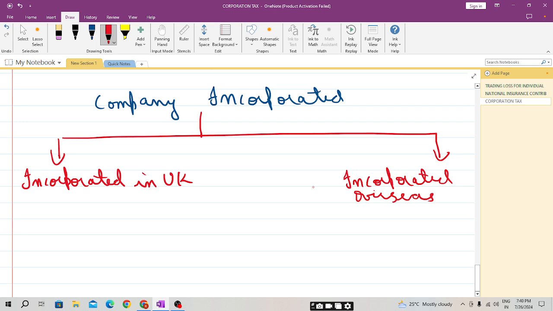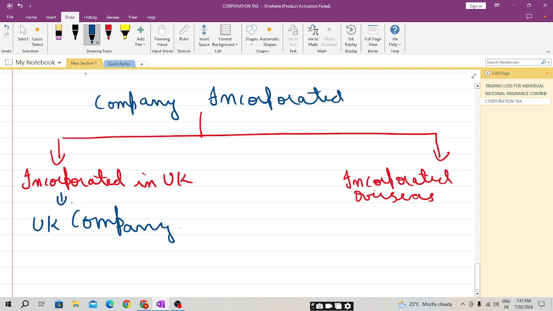If a company is incorporated in UK, it will be a UK resident company. Let's mention it as UK company so that it will be good for our understanding. UK company.